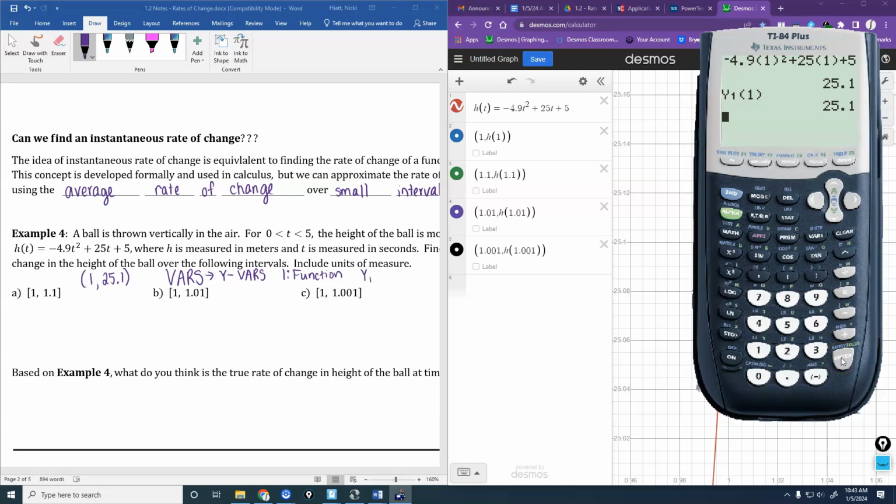If you only have to do it one time, that's a lot more steps. But watch what I can do. I can do y1 of 1.1 now, and it's going to give me the answer. And I can do y1 of 1.01. Oops, I didn't put my parentheses.